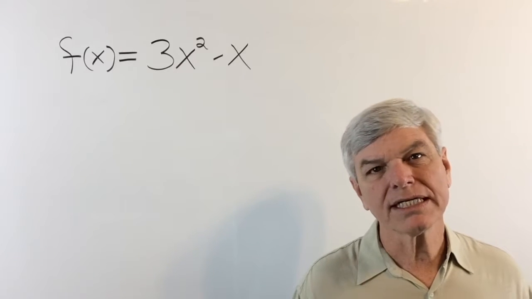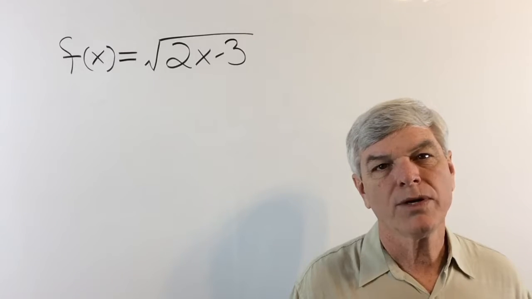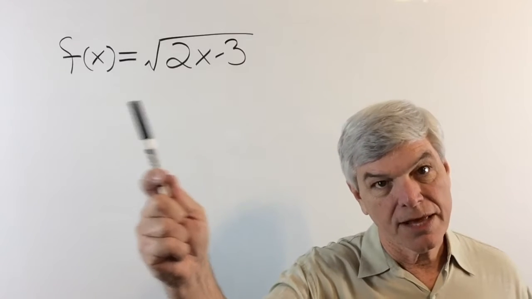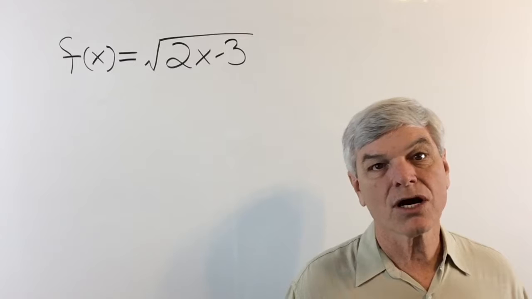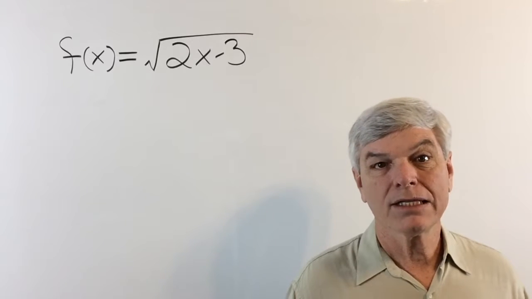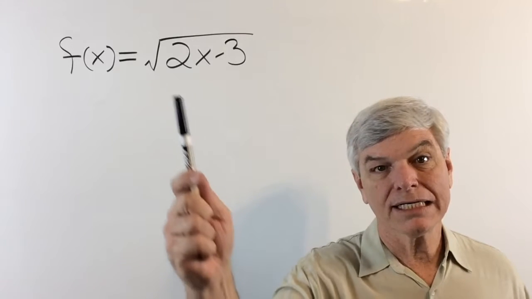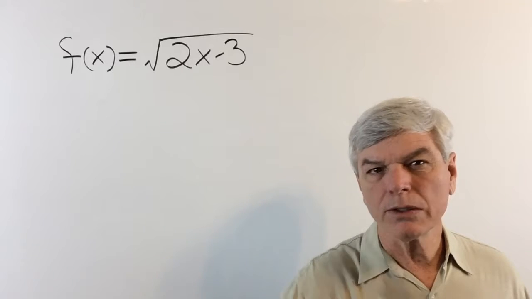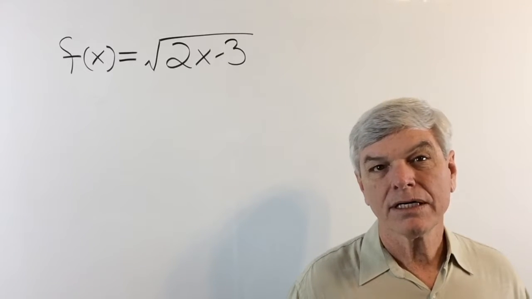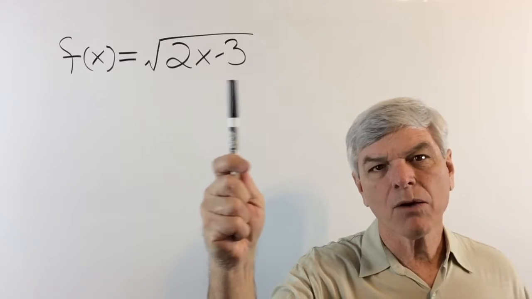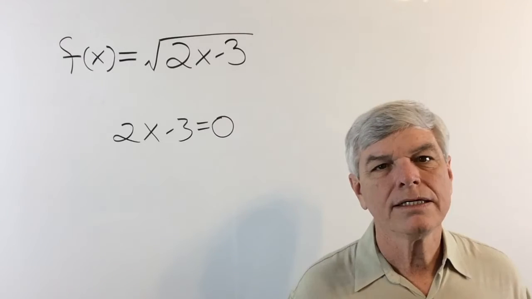So let's look at something different. When you have a function that is a square root, not all answers are going to work. And the reason is because what do we know about the square root? It can't equal a negative number. So this is how we solve this.